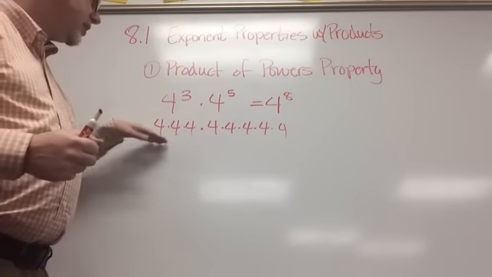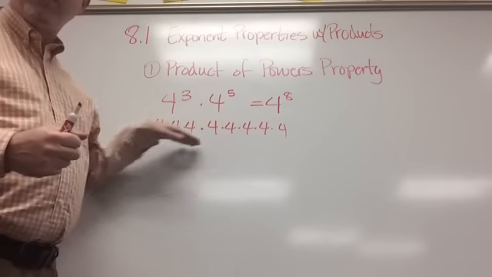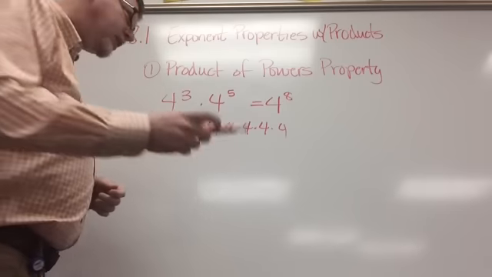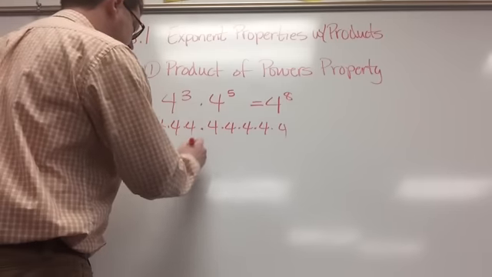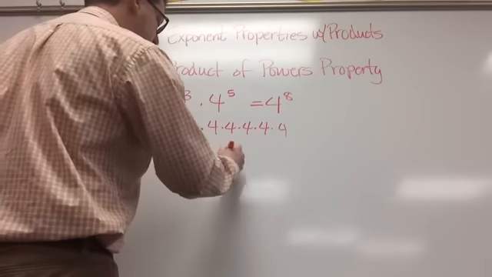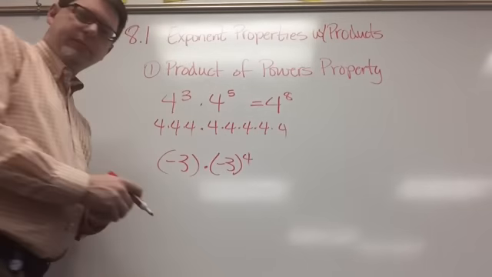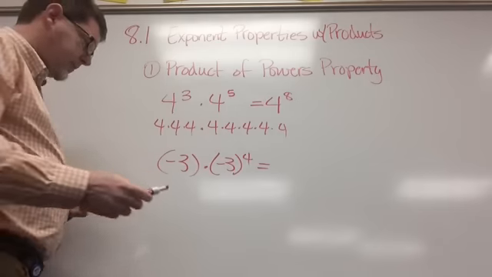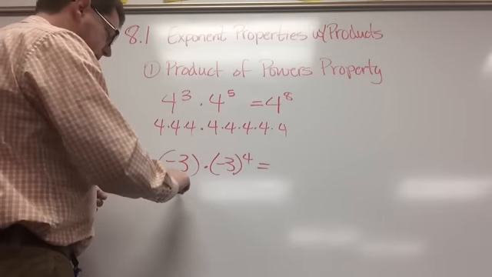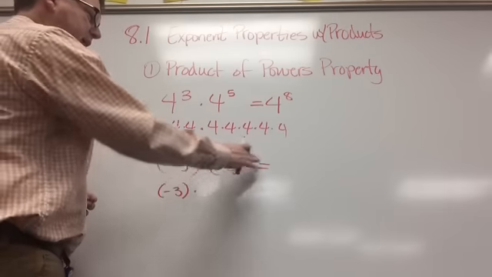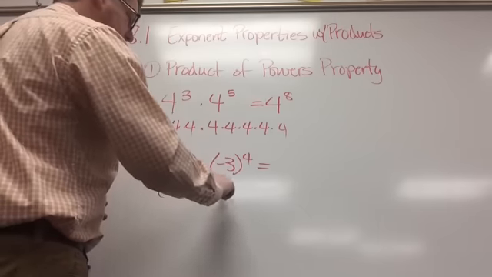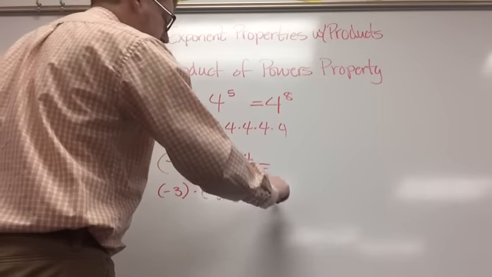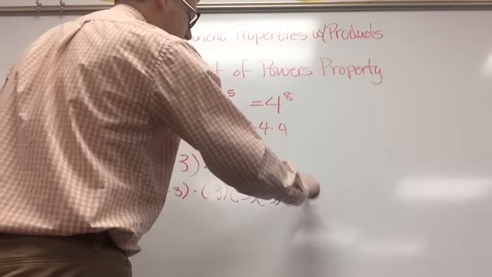Is there a way that I could solve this without having to write out all of those 4s? That's what you're going to tell me. The second problem is negative 3 times negative 3 to the 4th power. How might we simplify this one? I have negative 3, and I'm multiplying it by negative 3 to the 4th power, which would be negative 3 times negative 3 times negative 3 times negative 3.